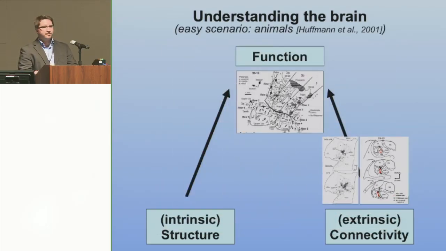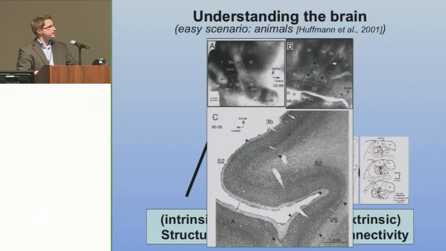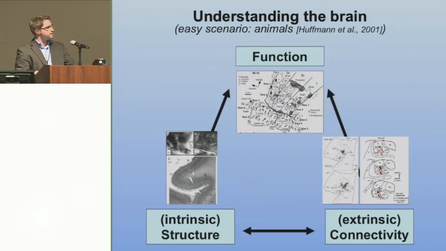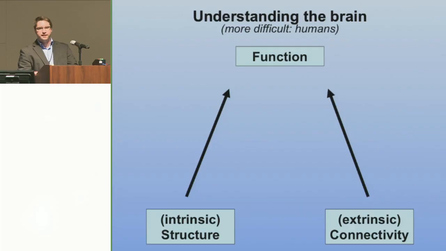Again, in the very same individual, we can then apply histological techniques such as myelin staining or cytoarchitectonic staining to identify different cortical differentiation. This really is the reason why a lot of what we know about cortical organization derives from non-human primate work, and I think it was illustrated quite nicely by a lot of references in the previous talks. But the problem is all of that is very invasive, so we cannot do that in humans.